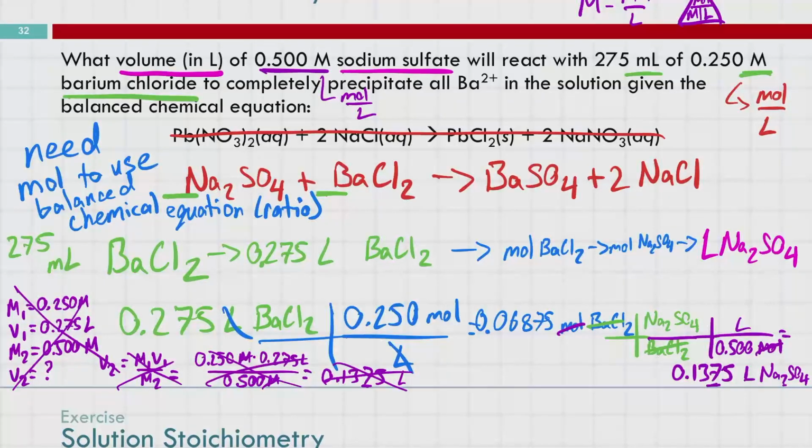The thing that we are missing with this M1V1 equals M2V2 is we're missing this stoichiometry step. So nowhere did we correct for the fact that we were changing from barium chloride to sodium sulfate.